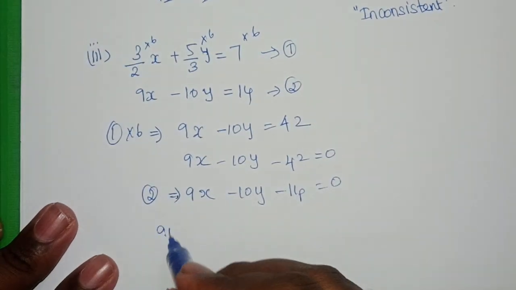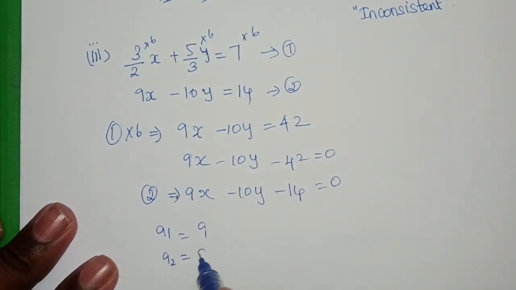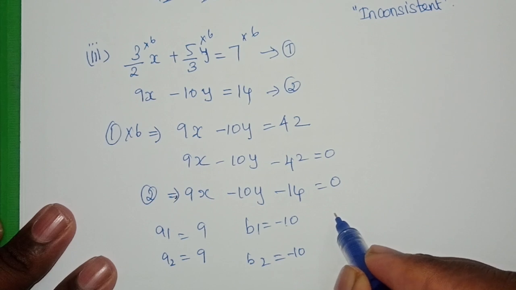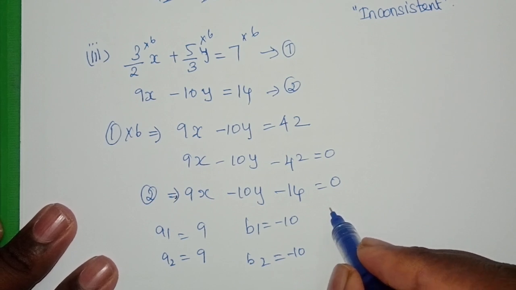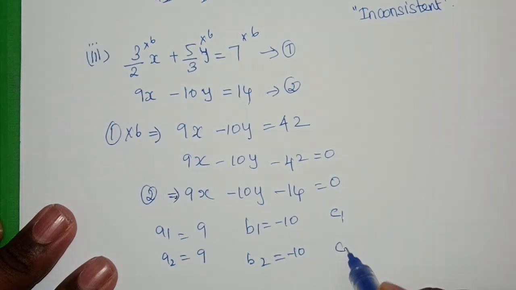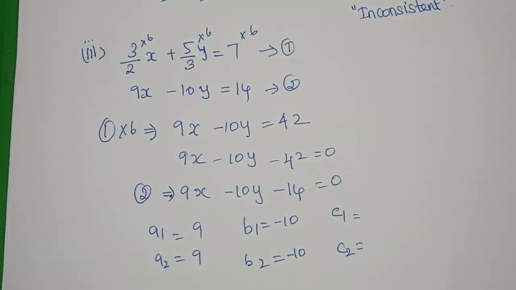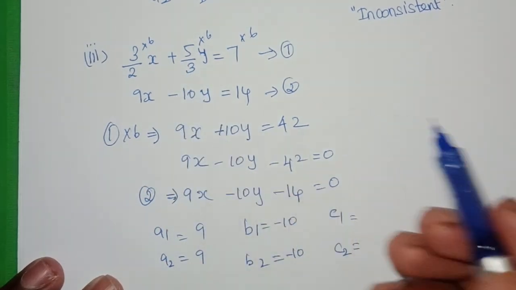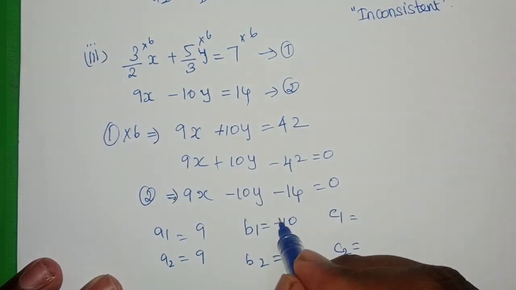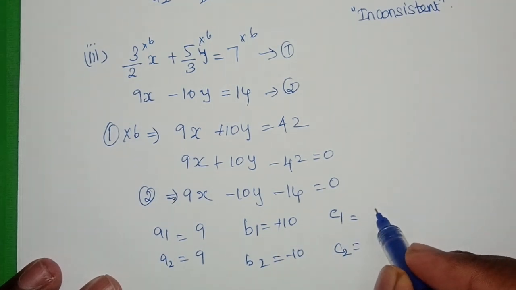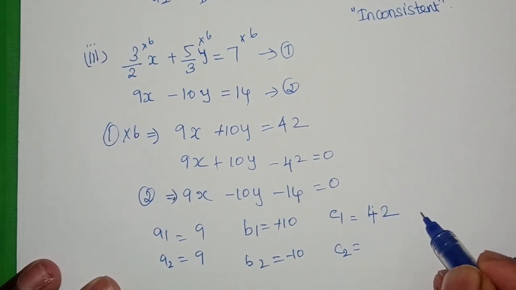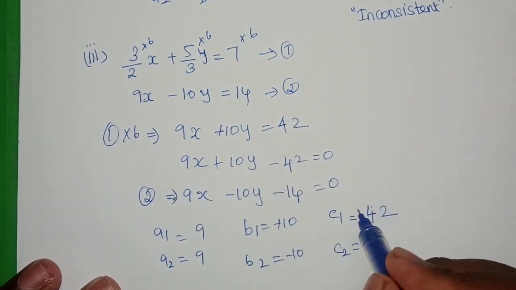Therefore a1 is 9, a2 is 9, b1 is minus 10, b2 is minus 10, then c1 and c2: here for this it is plus 10, then 42, here minus 42, minus 14.